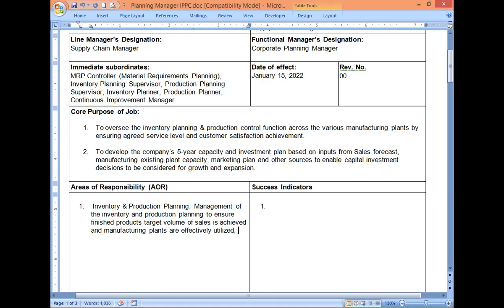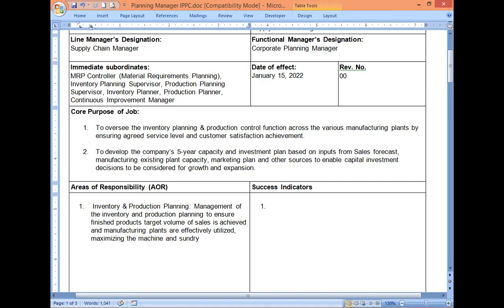If possible, close to 100% utilization, right? Because you have to maximize the plant, the machine, maybe equipment, maybe sundry equipment.